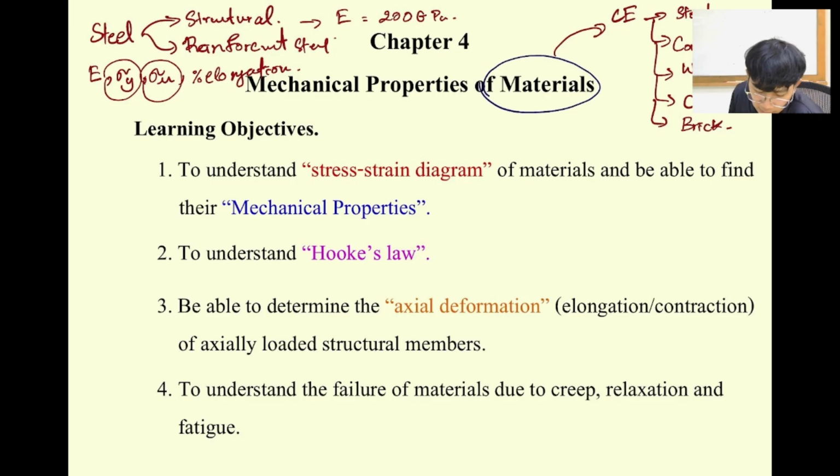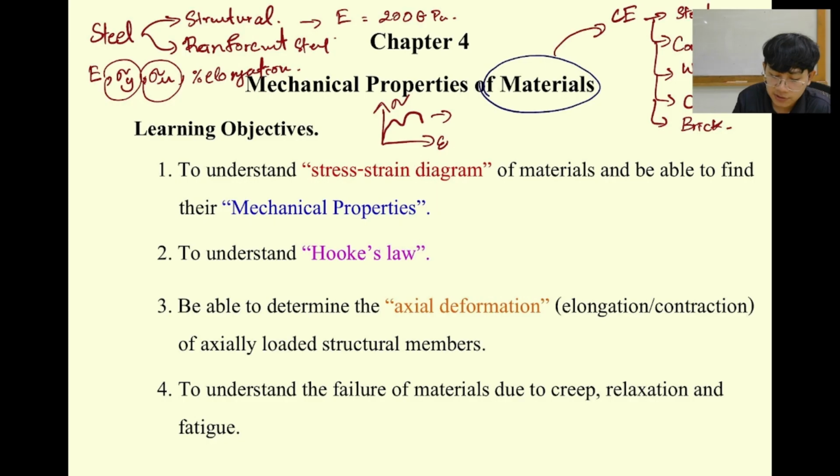Look at our first objective. Have you ever heard about the stress strain curve, or stress strain diagram? I have one here. If it is steel, it's going to look like this. What parameters can this curve give us? Can you remember what can be calculated from the stress strain curve?